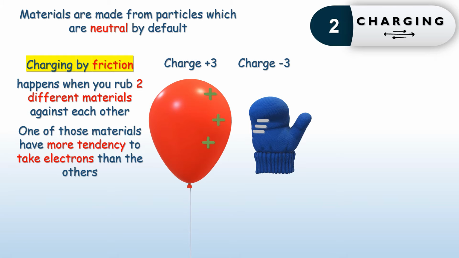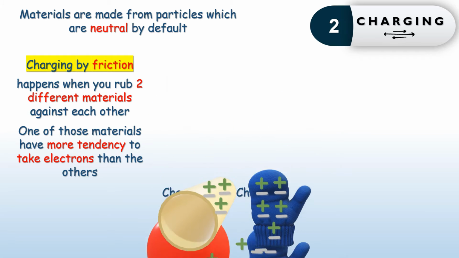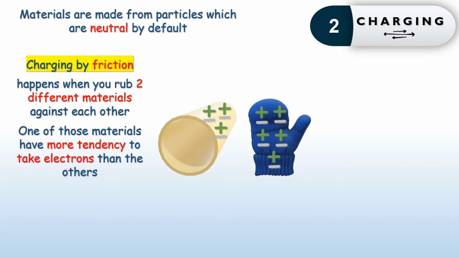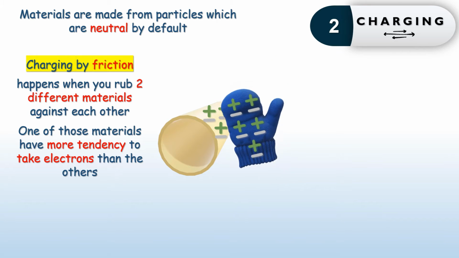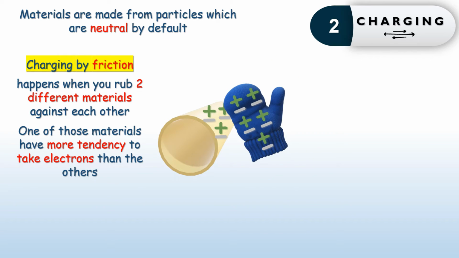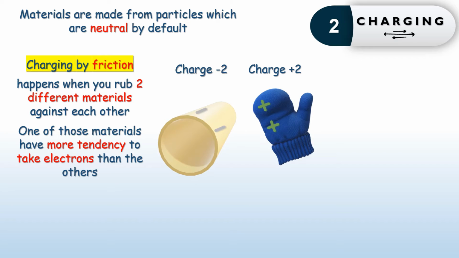So for example, if we change the balloon with a plastic pipe and we do the same rubbing, then this time the electrons will transfer from the winter glove to the plastic pipe. So this time the glove becomes positively charged while the plastic pipe becomes negatively charged.